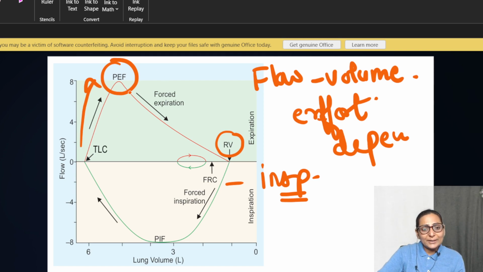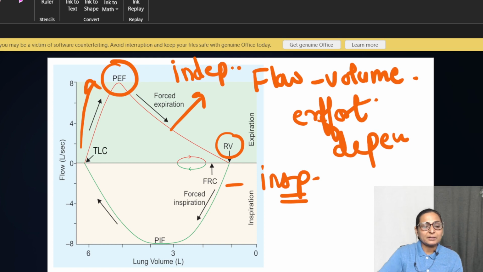However, once the peak of the PEFR is obtained, this portion becomes effort independent. Another way of remembering: large airways, large volume of air; small airways, small volume of air. So this portion is effort dependent and this is effort independent.